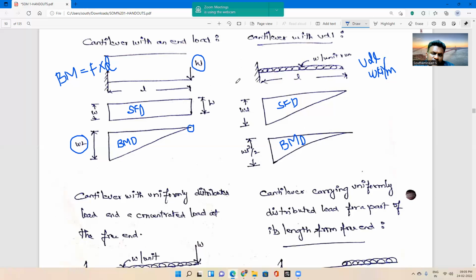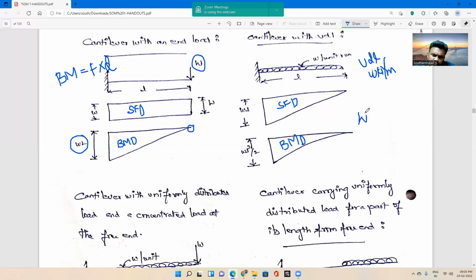Next, for the cantilever with the uniformly distributed load, the same logical reasoning is applied: shear force equals W into L. Next, bending moment equals force into distance, and that value will be WL square by 2. That is nothing but force into distance.